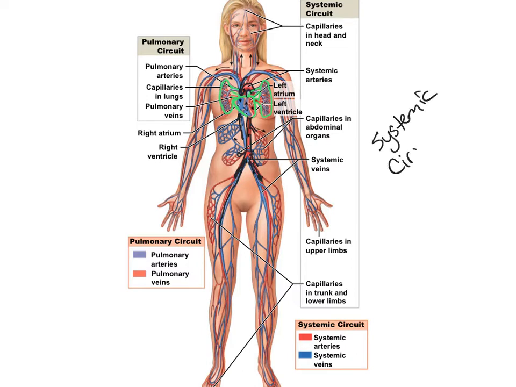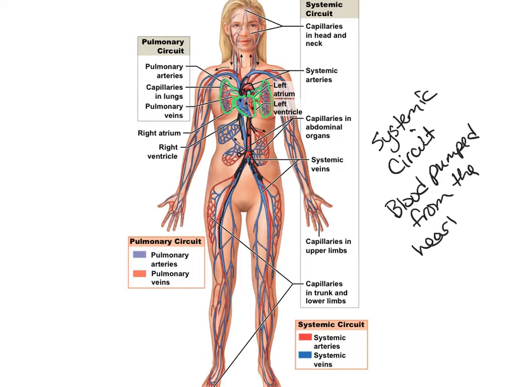So in other words, the systemic circuit is blood that's pumped from the heart to the tissues of the body, and then back to the heart again.